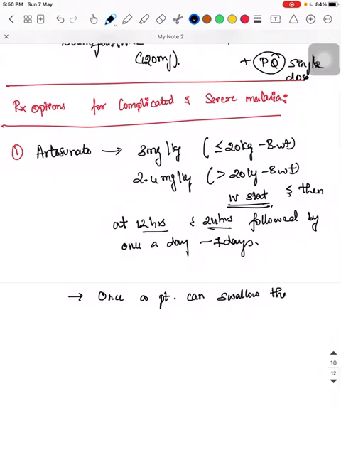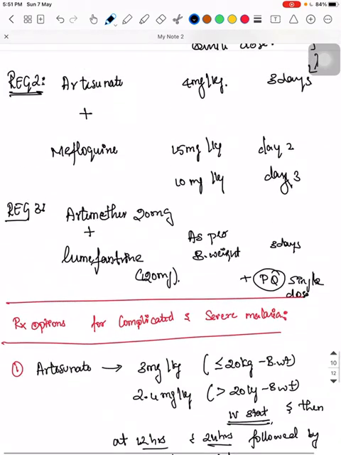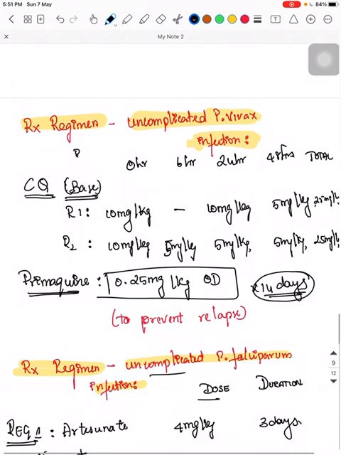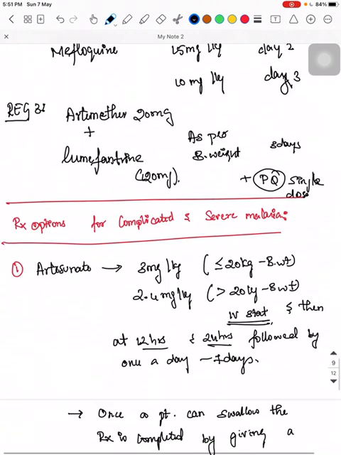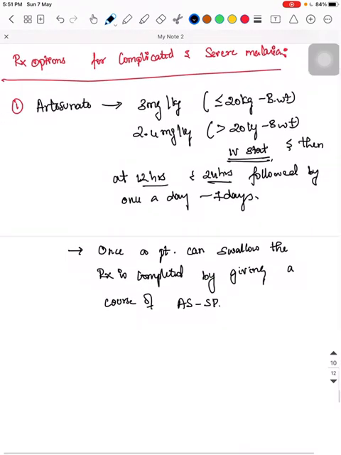We do not give it in oral form for complicated and severe malaria patients, even when they can swallow. Understood? Once a patient can swallow, the treatment is completed by giving a course of artesunate with sulfadoxine and pyrimethamine tablet.